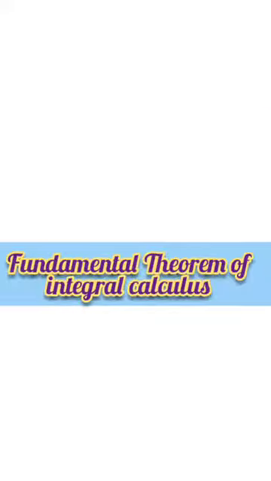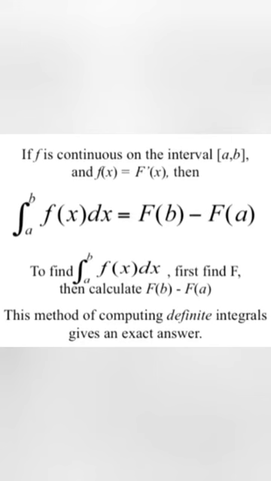Today we will evaluate some definite integrals using the fundamental theorem of calculus, which says that if a function f(x) is continuous on interval [a, b] and f(x) is the derivative of capital F(x), then the integral from a to b of f(x) dx is equal to F(b) minus F(a).